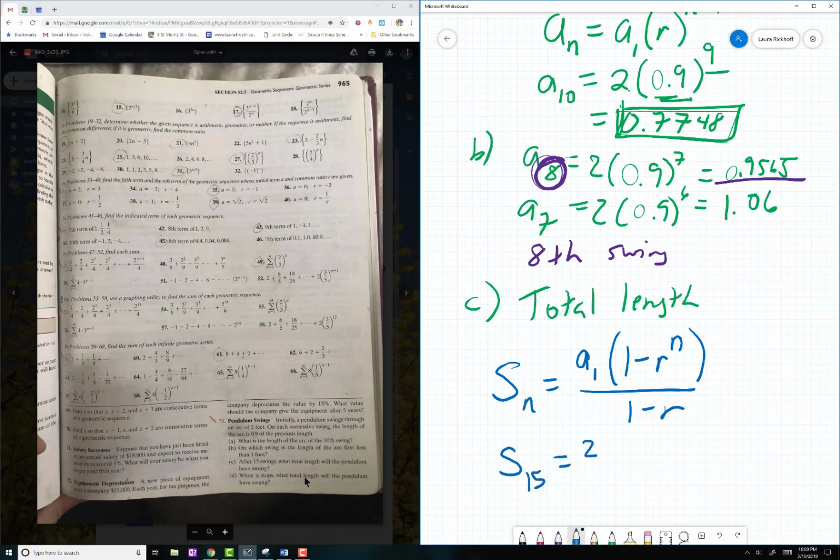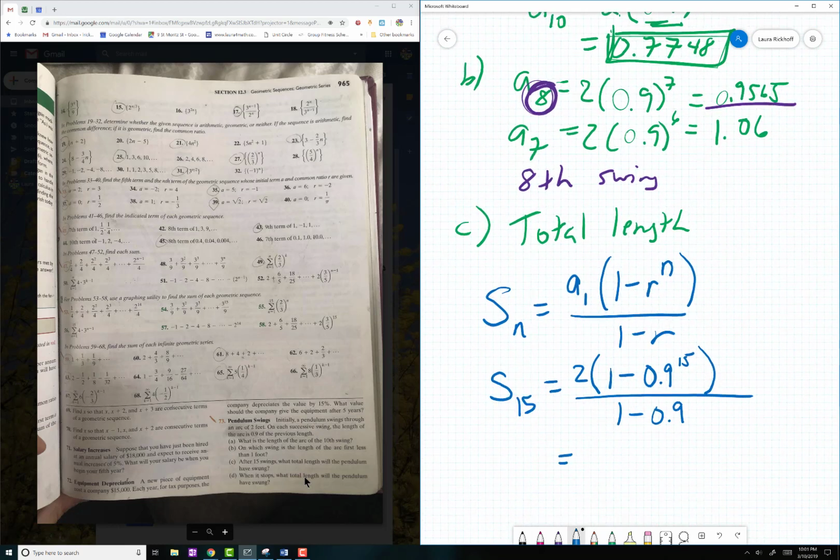So that's just my first term times 1 minus my r, which was 0.9, to the 15 all over 1 minus r. So if I punch this in on my calculator, just be super careful with parentheses. I'm going to do 2 times parentheses, 1 minus 0.9 to the 15th, and then divided by parentheses around the bottom, or just simplify that right away to 0.1. I get about 15.88. Check.